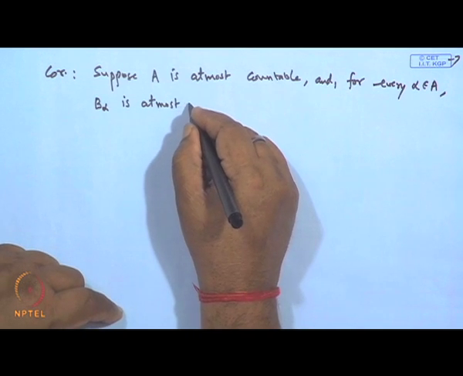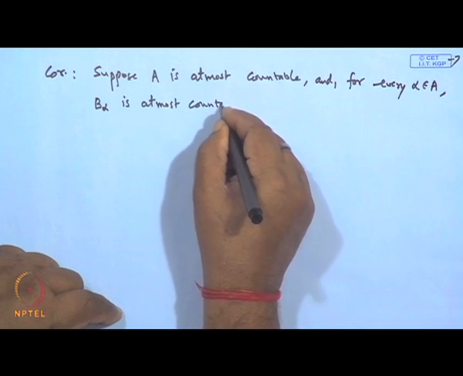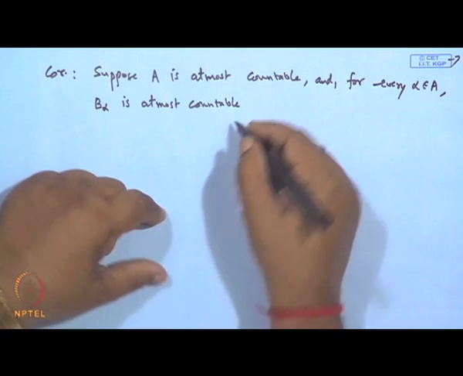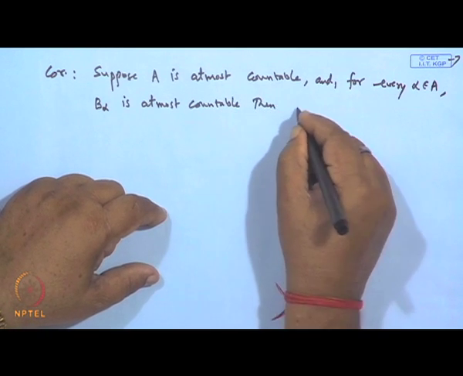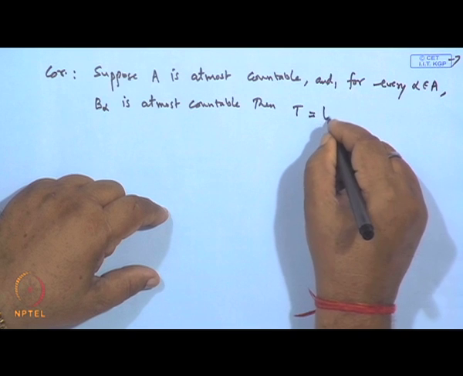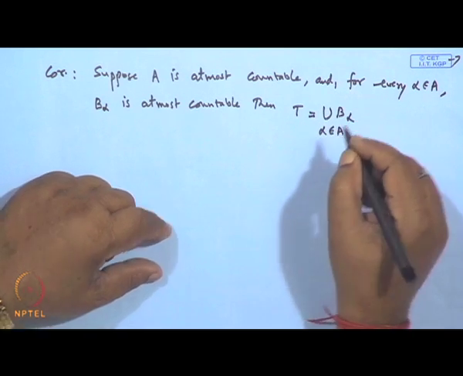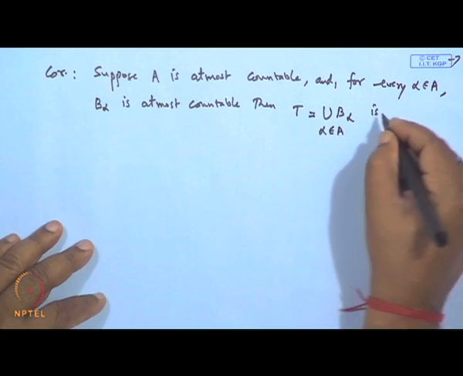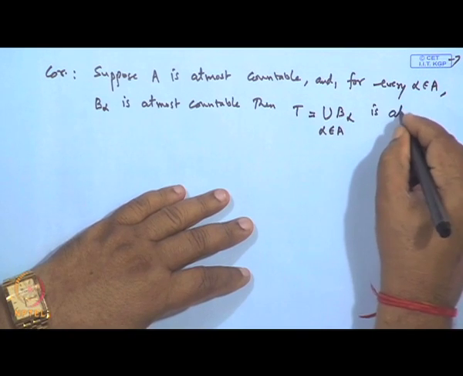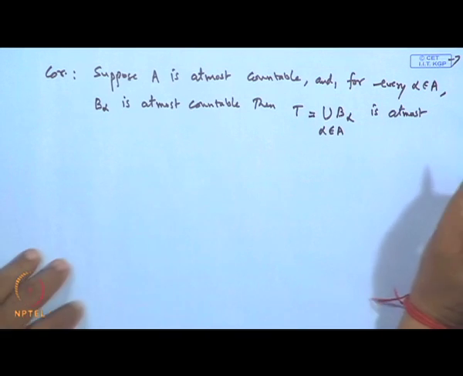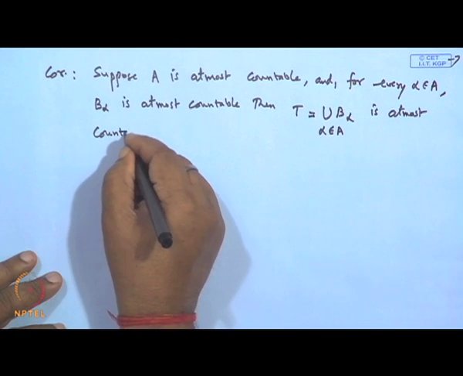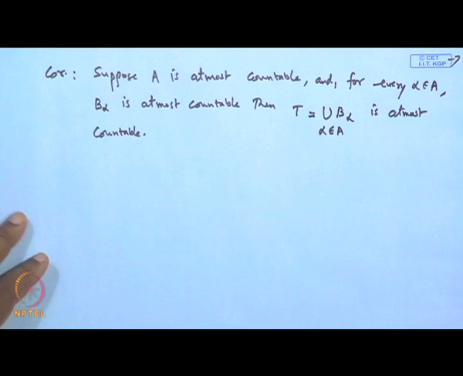Then T, which is the countable union of B alpha where alpha belongs to A, is at most countable. At most countable means it is either finite or infinitely countable.